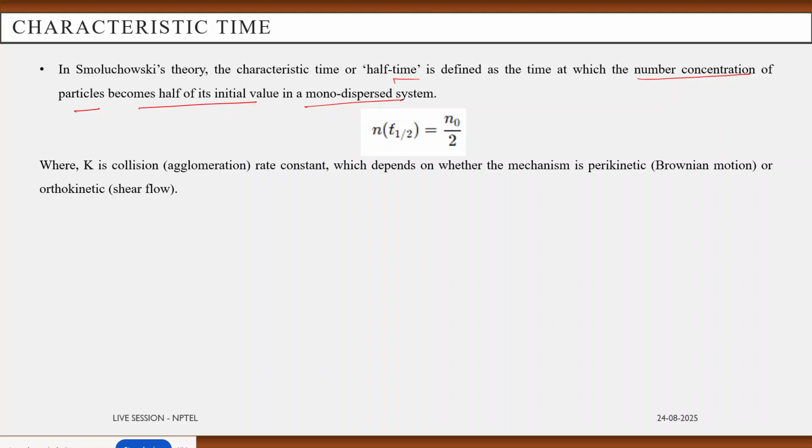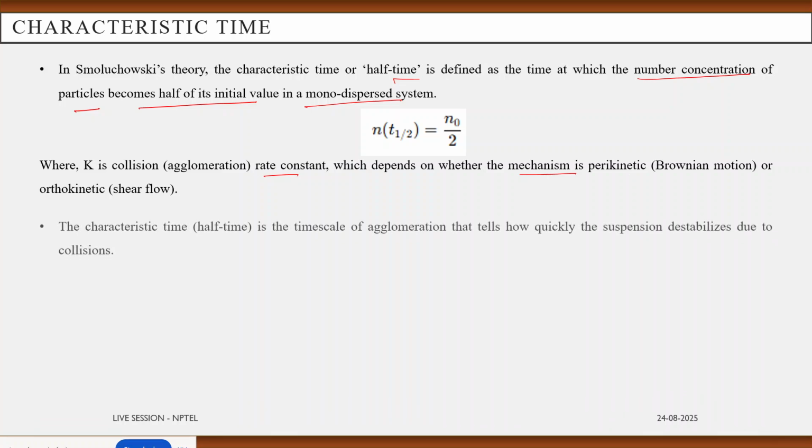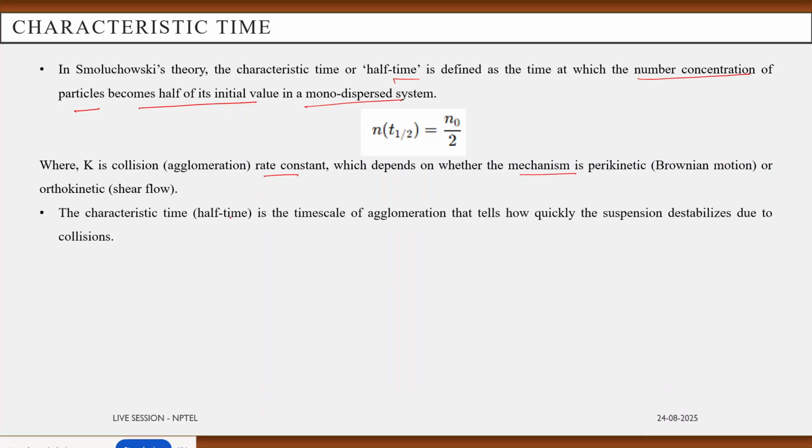So n at t half equals n naught by 2, where k is the collision or agglomeration rate constant, which depends on whether we are following the perikinetic or orthokinetic mechanism. This characteristic time, or the half time, is the time scale of the agglomeration that tells us how quickly the suspension destabilizes due to the collision.